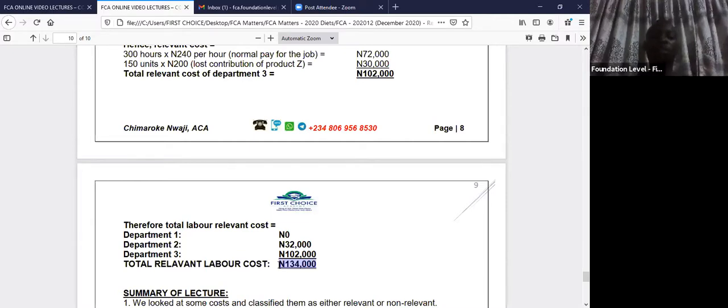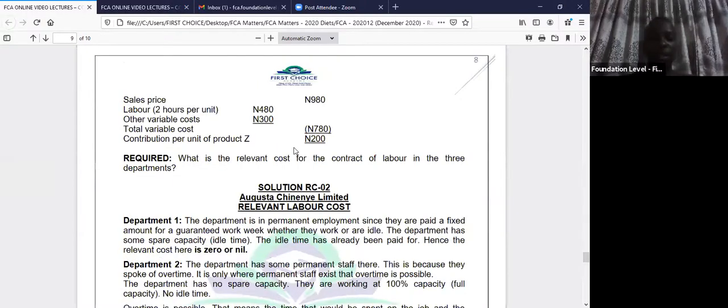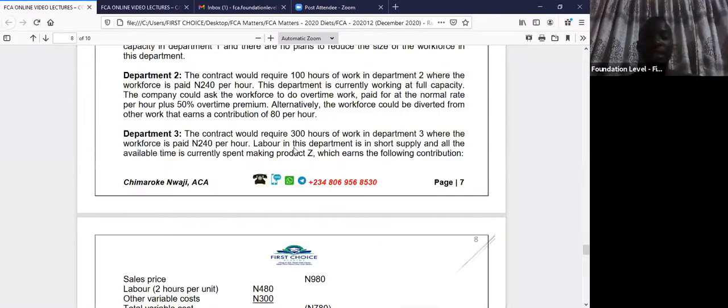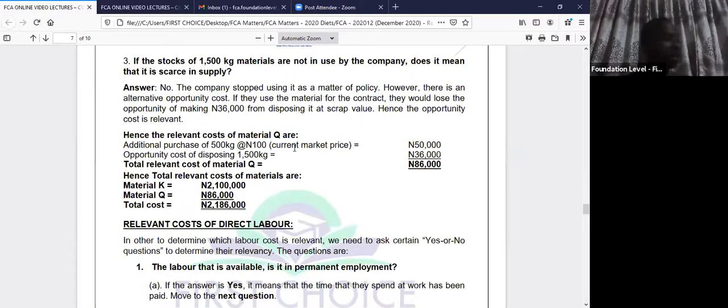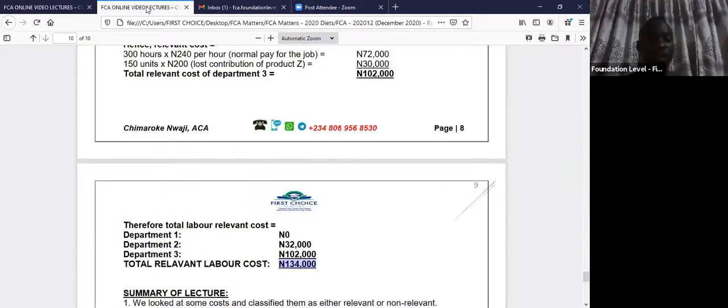Now let's go to the relevant cost of material. Let me see the amount. Okay, relevant cost of material here gave you 2,186,000. Relevant cost of labor gave you 134,000.